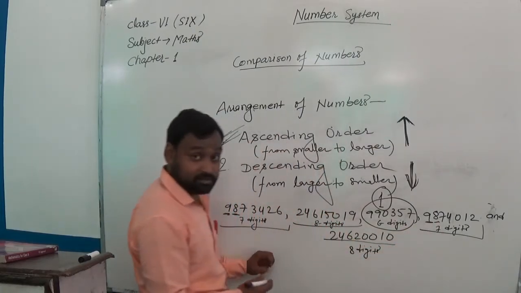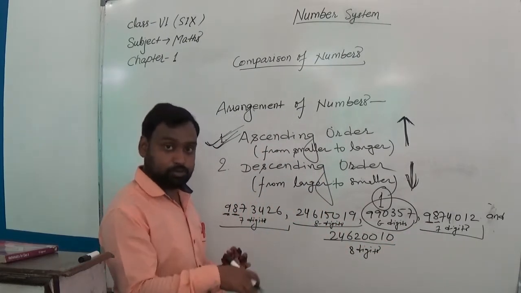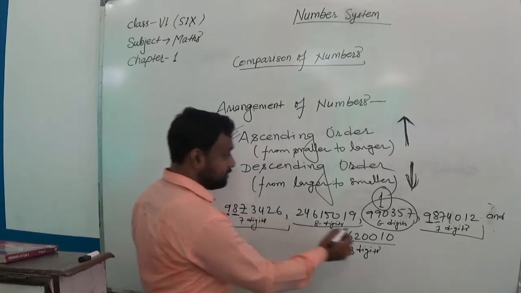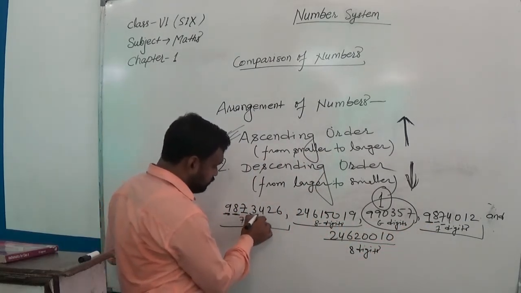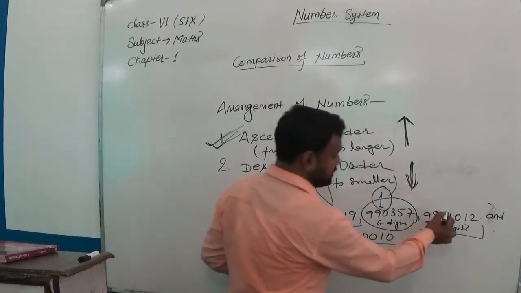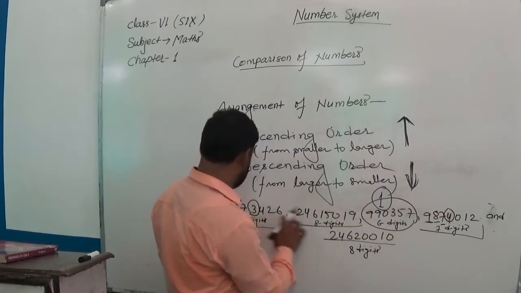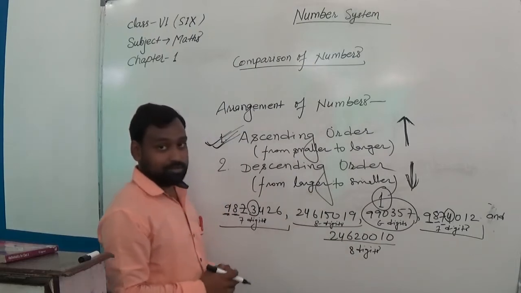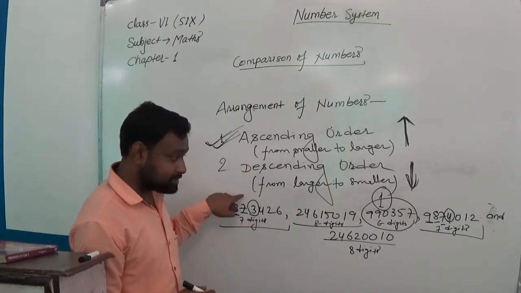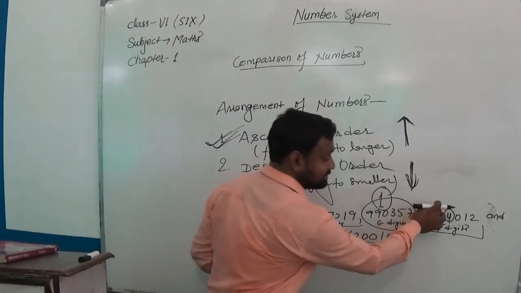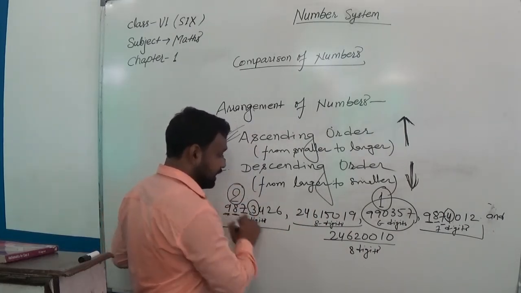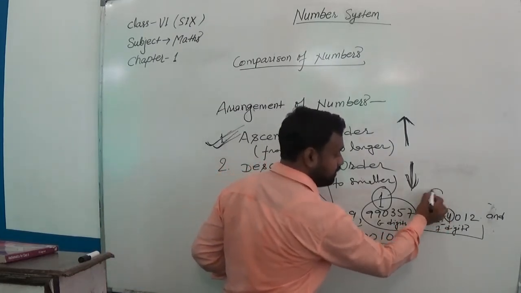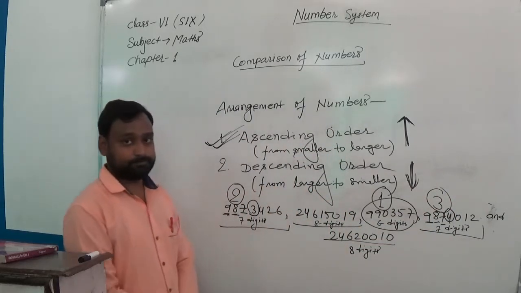Here also 8, so we can't determine. 7, 7, same. When we go to the fourth digit, we find that one is 3 and one is 4. That means this number is less than that number. So we mark here 2 and this will be 3.